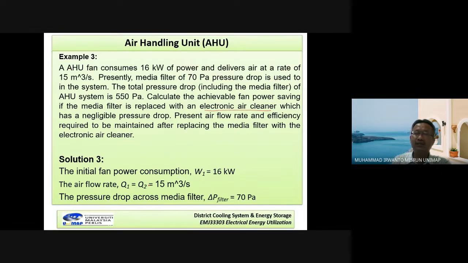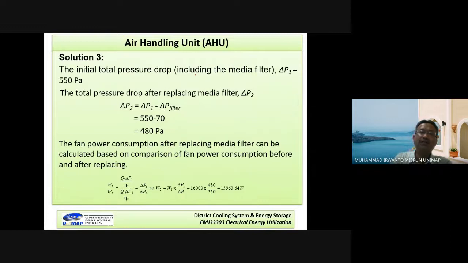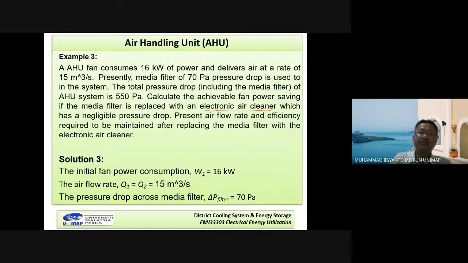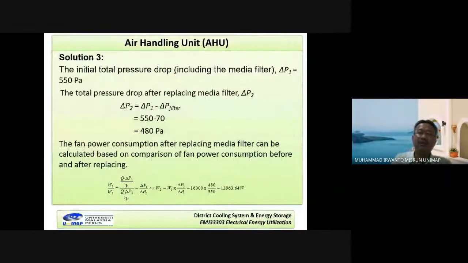So flow rate is the same before and after replacing. And then the pressure drop of the media filter is 70 Pa following this question. So the initial total is given by this one, 550 Pa. So from 550 and 70, we obtain the total pressure drop after replacing the media filter, given by this one, delta P2. This one is friction.